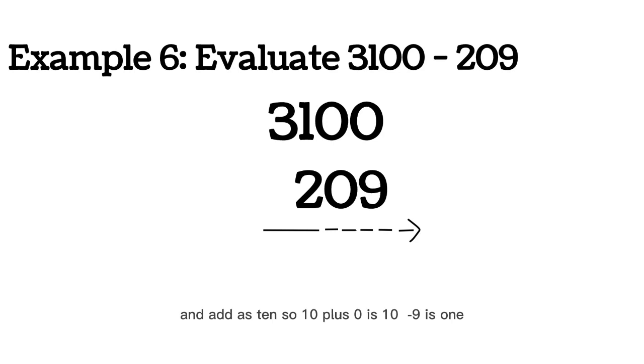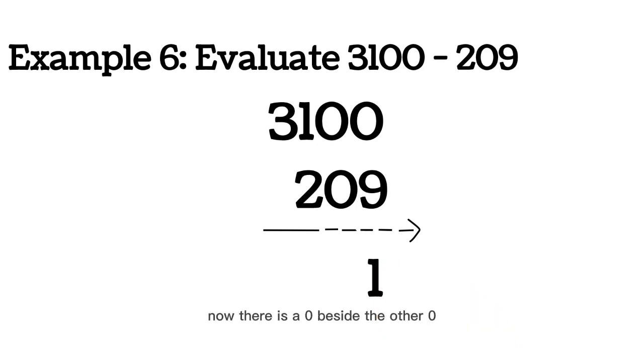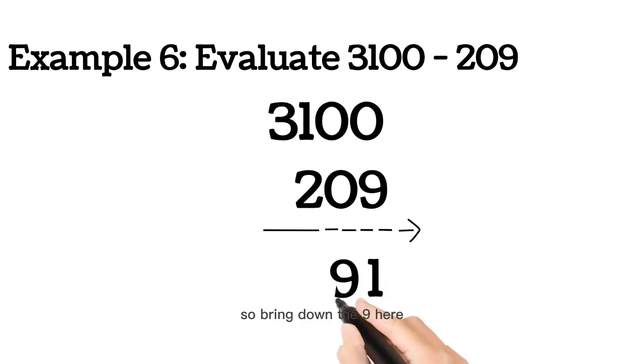So 10 plus 0 is 10. 10 minus 9 is 1. Now there is a 0 beside the other 0. So since we added 1 here and it was 10, this one is going to automatically become 9. So 9 minus 0 is 9. So we bring down the 9 here.